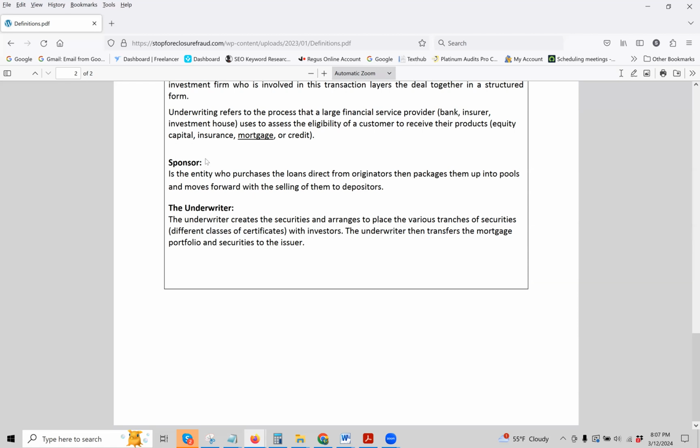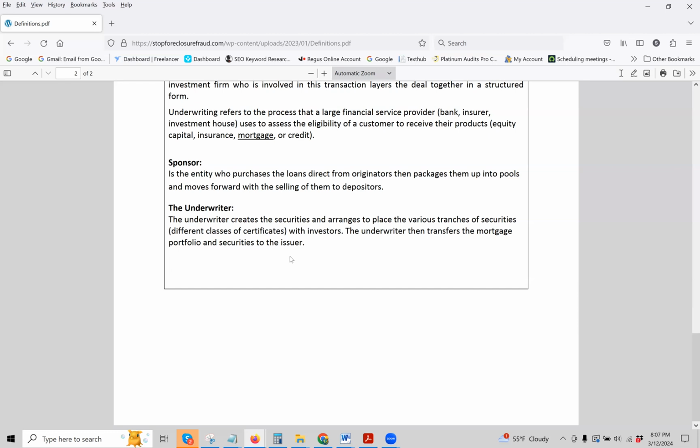Now, skipping sponsor here for a second. You also see the underwriter for the securitization side. So there's underwriting on the securitization side. Sometimes when you look at a pooling and servicing agreement or prospectus, you will see underwriter listed there. So that's the underwriting relating to the securities.